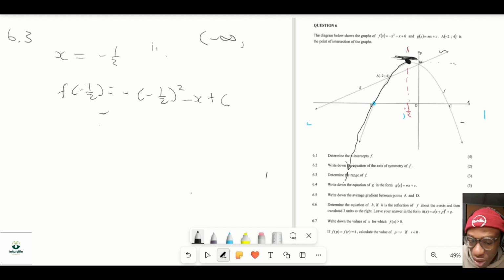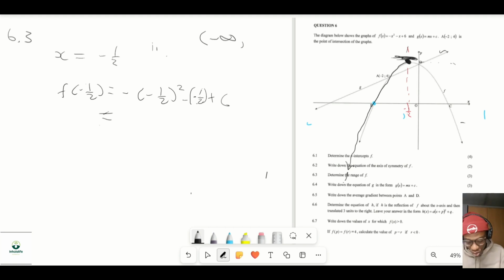Into the original equation of the function, we're going to have something like this: negative 1 over 2 squared, negative, plus 6. Where you see x, you substitute negative half. That's how you get the y coordinate.